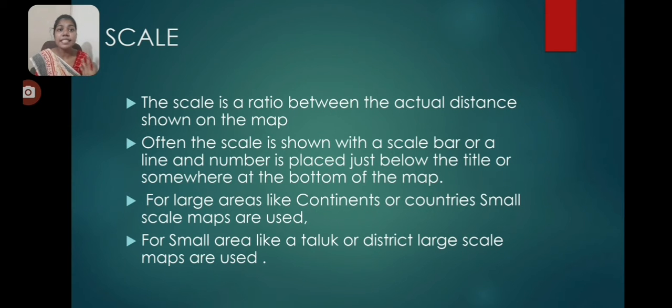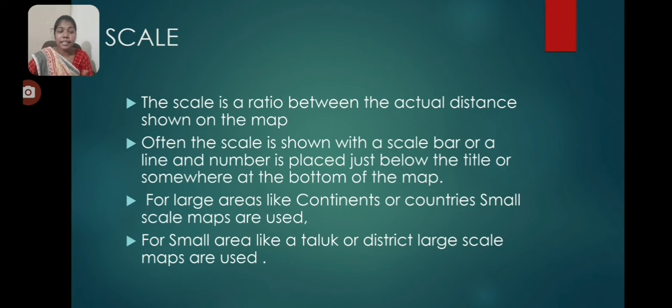Often the scale is shown with a scale bar or a line, and the number is placed just below the title or somewhere at the bottom of the map. For large areas like continents or countries, small scale maps are used, because we don't have to look into the minute details for a bigger area.